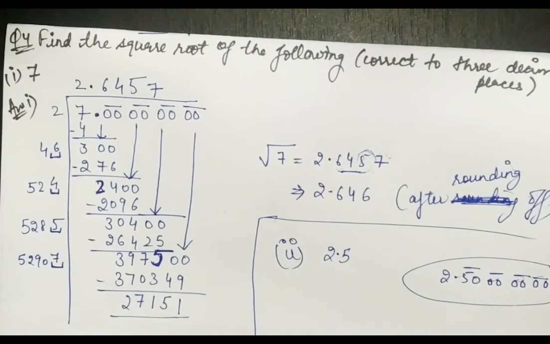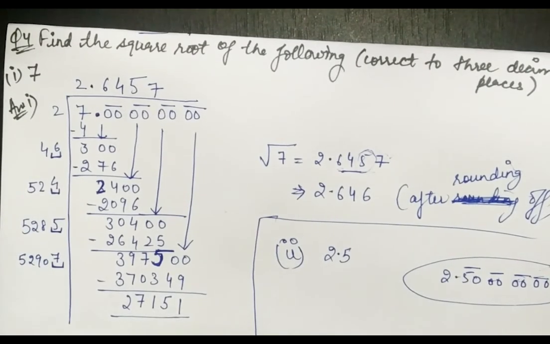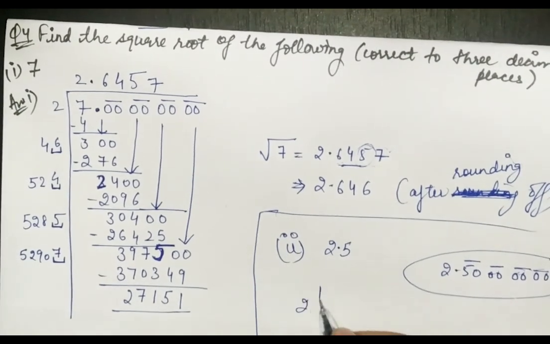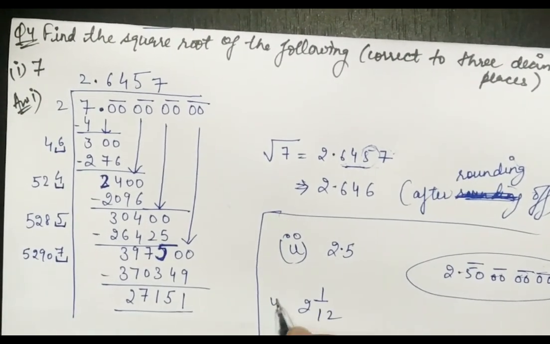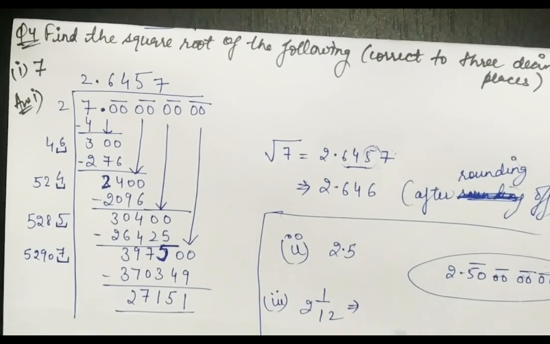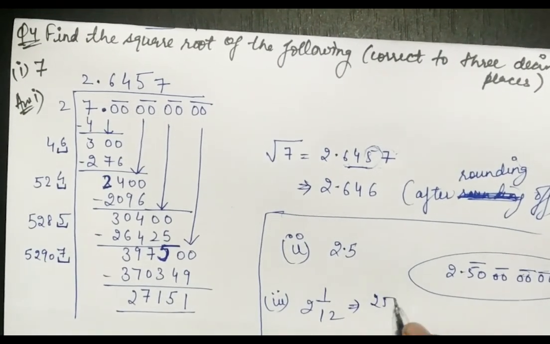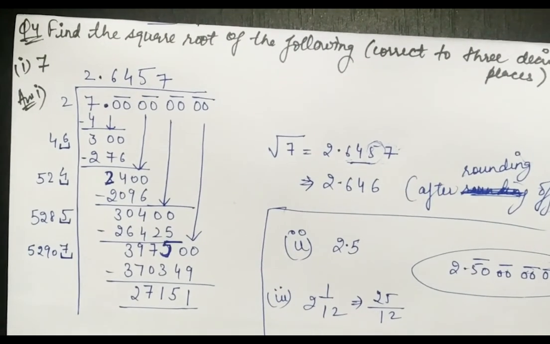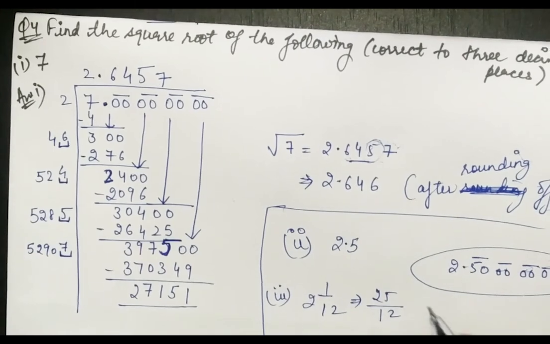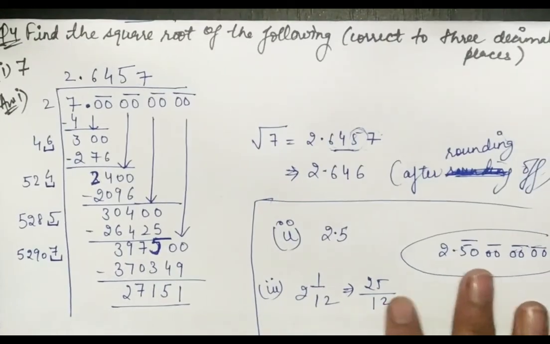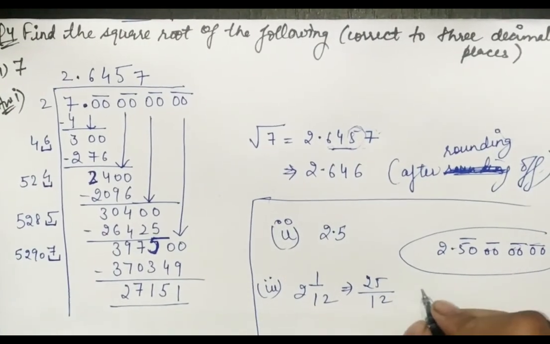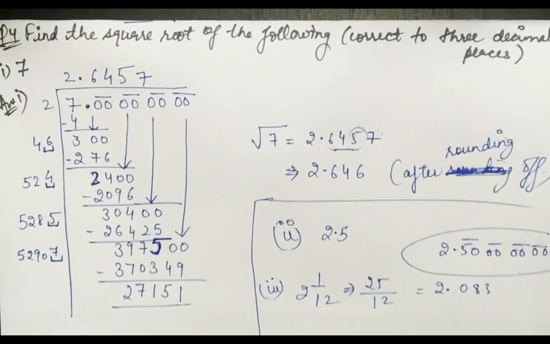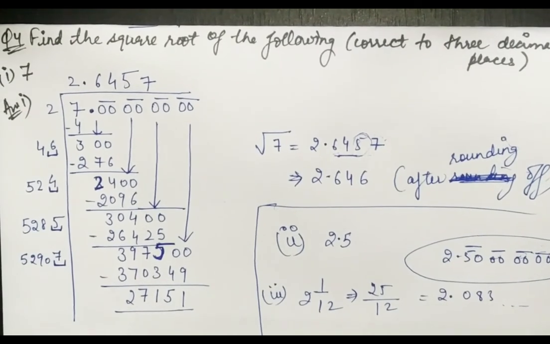Now in the third part, this question is in mixed fraction, in this form 2, 1, 12. First you have to make this in lowest term, that is 25 by 12. How? 12 times 2 is 24, plus 1, 25 by 12. Then you will divide this and get the decimal, which will be similar to 2.083, something like that, and then you have to make pairs.